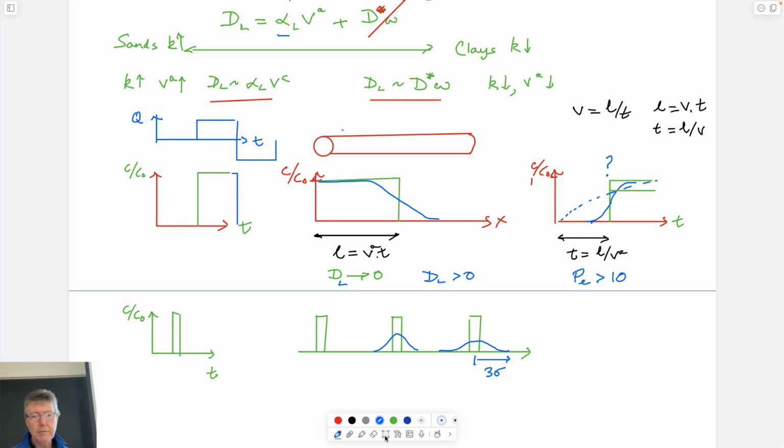And maybe, perhaps I'll do this, get rid of this. So what would it look like? Haven't really thought it through, but what would it look like if we looked at concentrations on the downstream side?